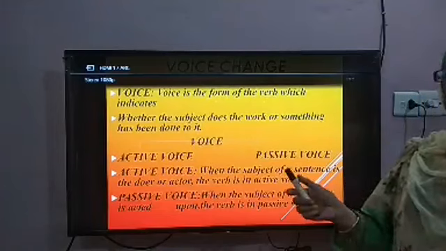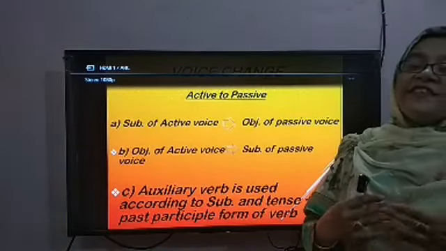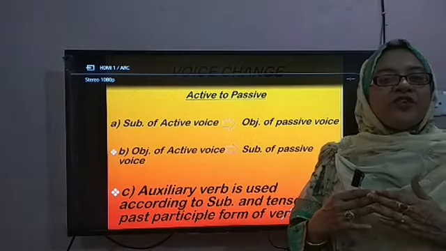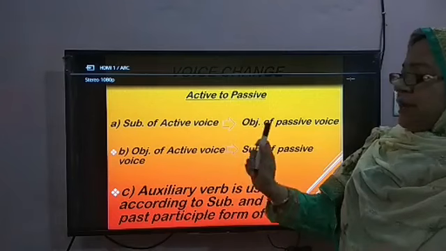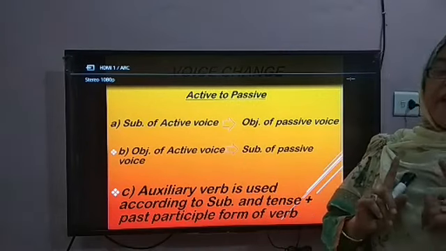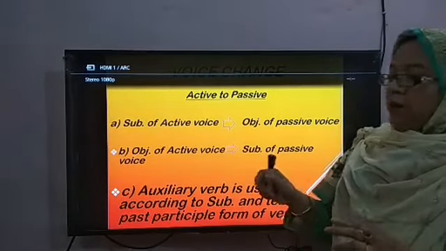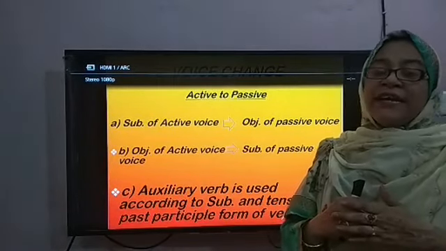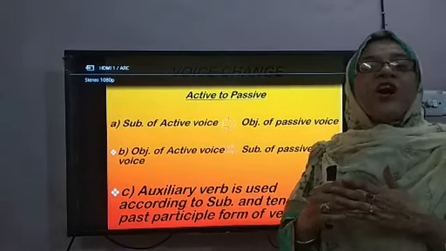Now go to the next slide. How do we change from active voice to passive voice? Look at here. If we see a sentence, I do the work. Here I is the subject, do is the verb, and work is object.